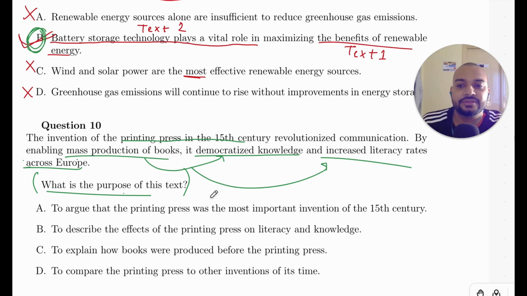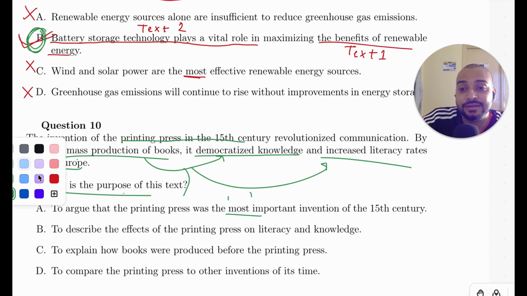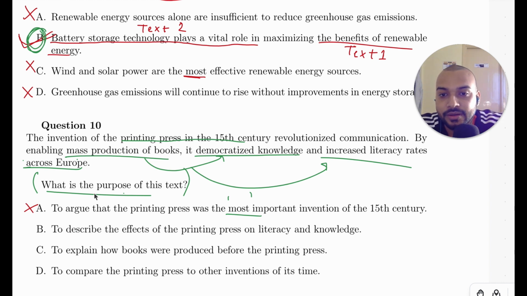What is the purpose of the text? To argue that the printing press was the most important invention of the 15th century? No. Again, extreme word, red flag, big red flag. Cross it out. B, to describe the effects of the printing press on literacy and knowledge. Yep.